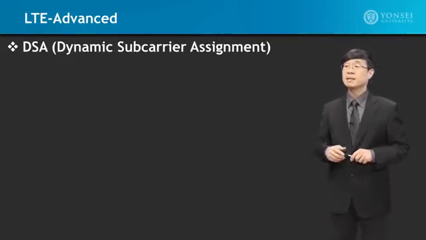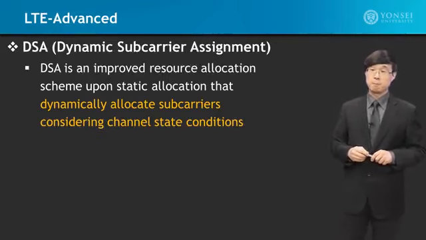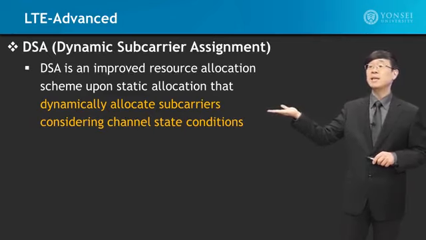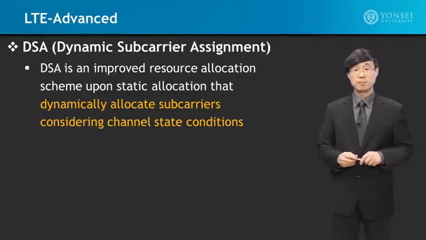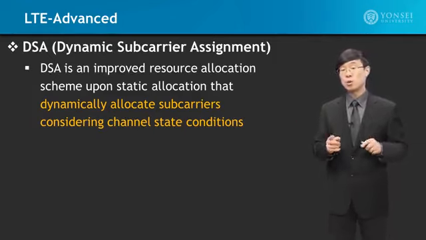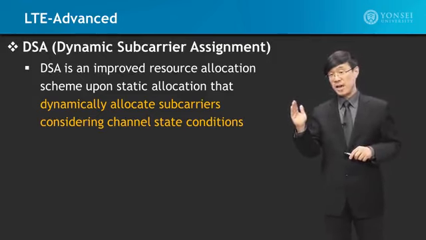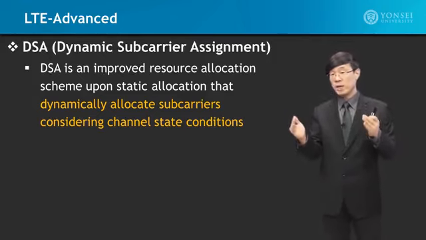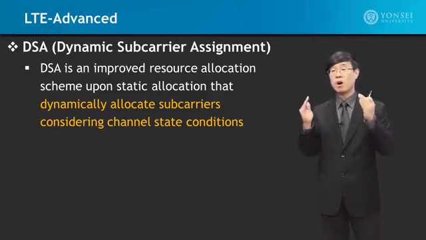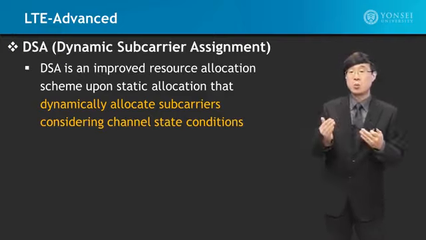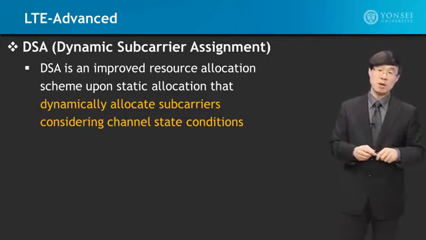DSA, Dynamic Subcarrier Assignment. This is an improved resource allocation scheme upon static allocation that dynamically allocates subcarriers considering channel state conditions. So you're going to look at what's going on, where are the locations that some channels are weak and cannot receive, where are the null points in the spectrum, and you take advantage of that to support other users in those areas.